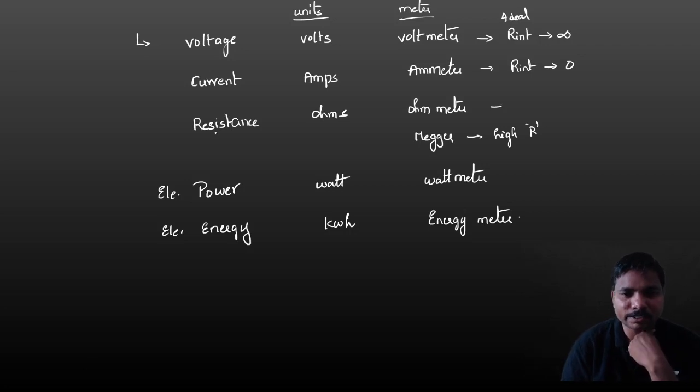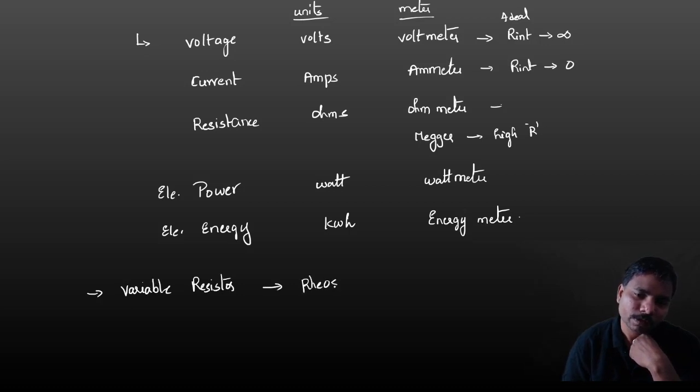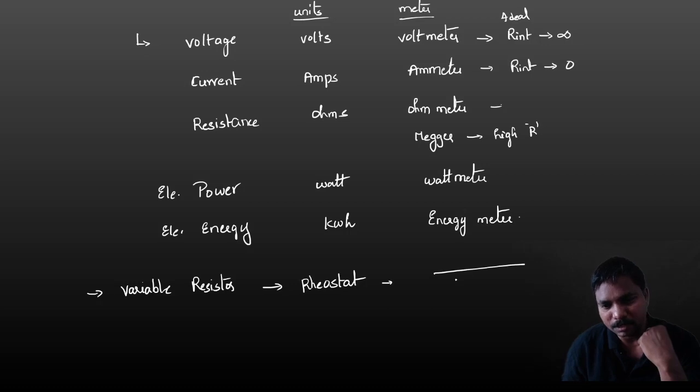In resistance, we have one more device, a variable resistor. A variable resistor is generally called a rheostat. It has a long coil with one sliding contact.